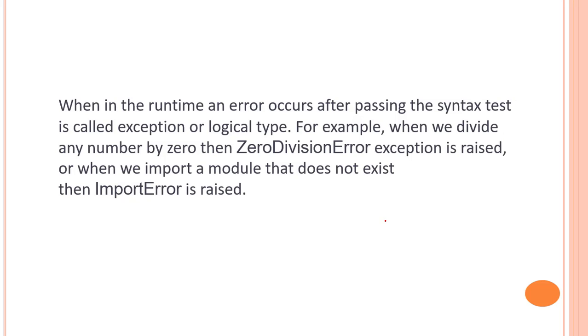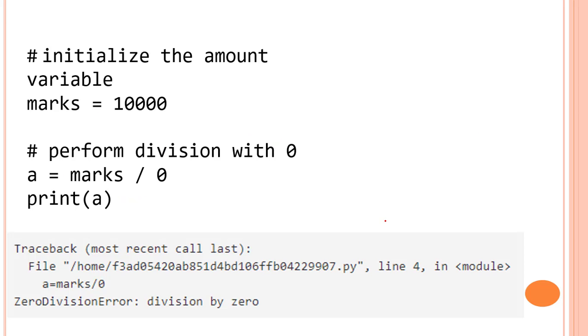Now let's look into a quick example of it. We have marks equals 1000 and we are dividing marks by 0 and trying to print it. It will give me a zero division error because you cannot divide a number by 0. That throws an error.